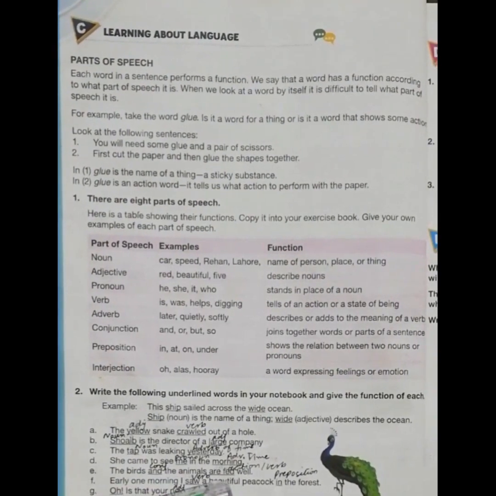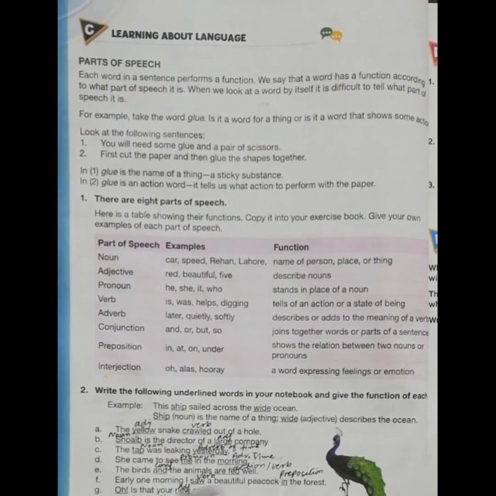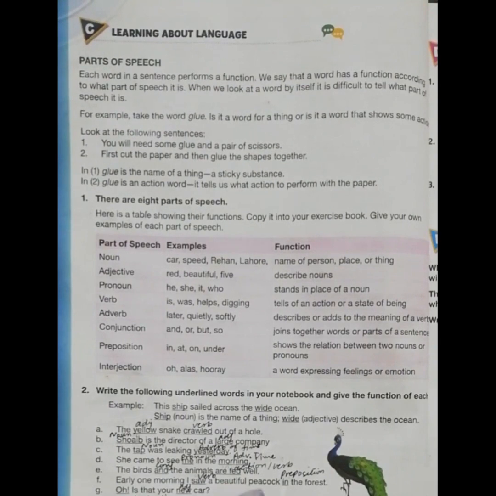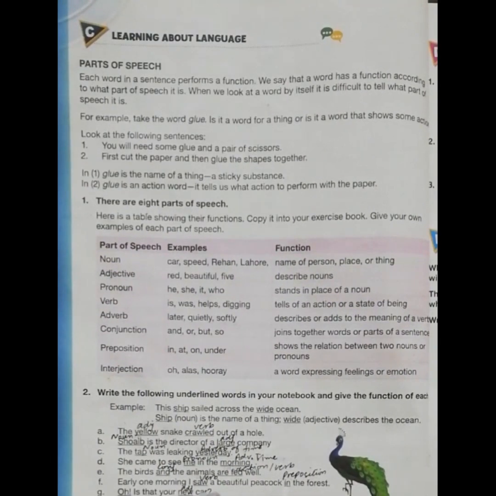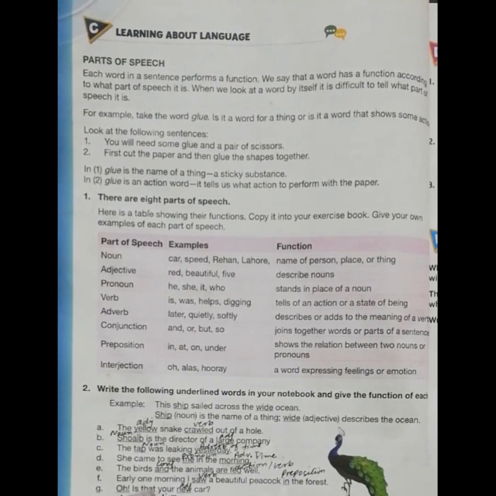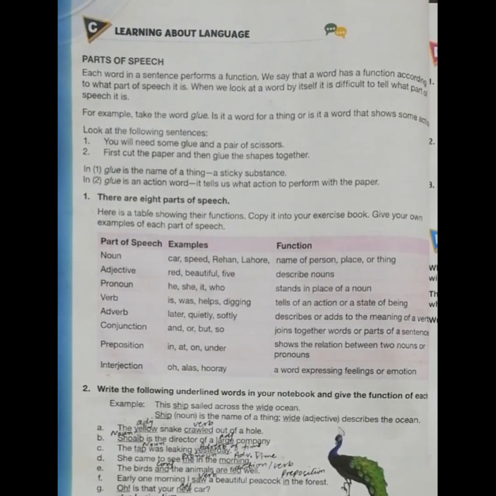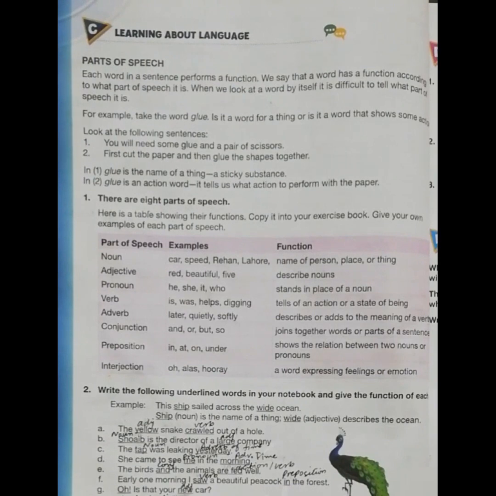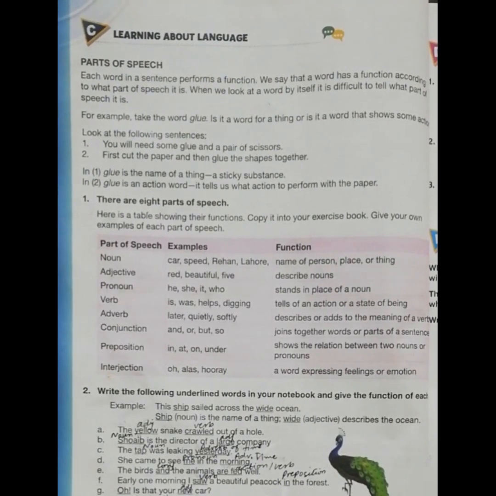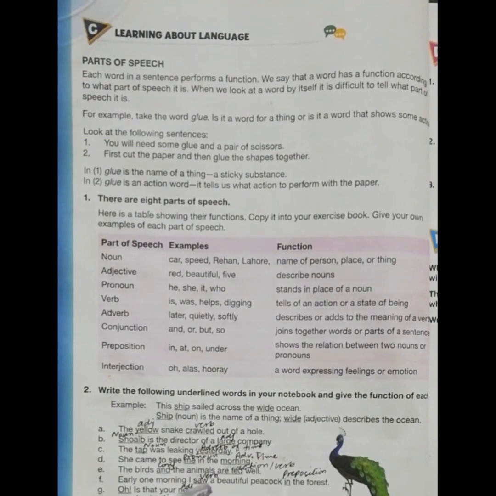And are fed is an action or a verb. Early one morning, I saw a beautiful peacock in the forest. So saw is a verb and in is a preposition. And in the next sentence, oh, is that your new car? So oh is an interjection and new is an adjective.